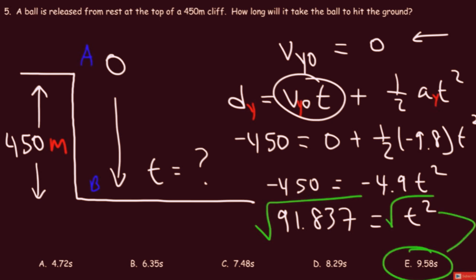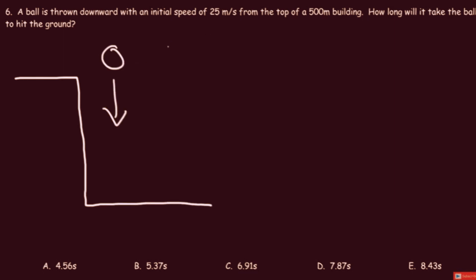Number 6. A ball is thrown down with an initial speed of 25 meters per second from the top of a 500 meter building. How long will it take the ball to hit the ground? So in this problem, we have the same picture, but this time the ball is thrown down with an initial vertical speed of 25 meters per second, and the height of the building is a little bit different. It is 500 meters this time.